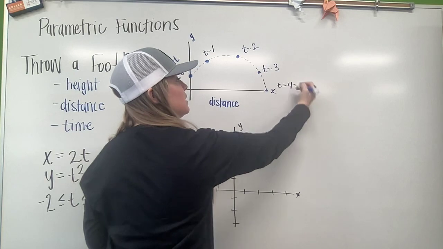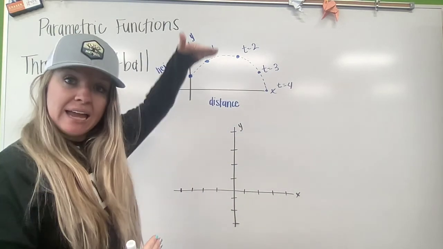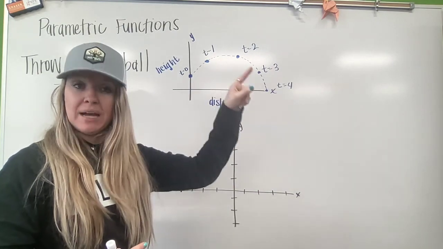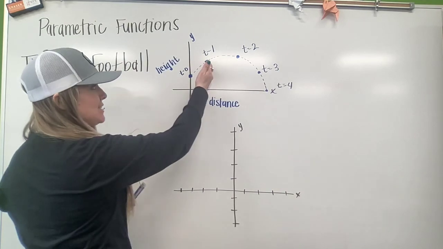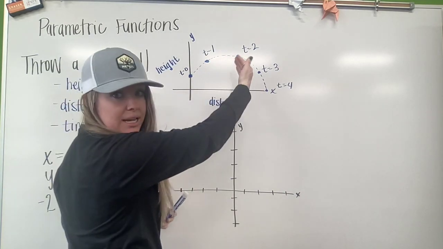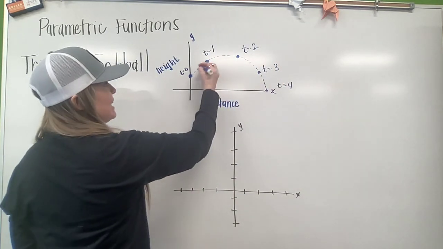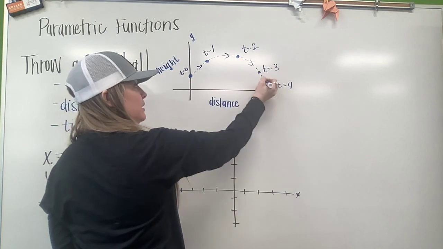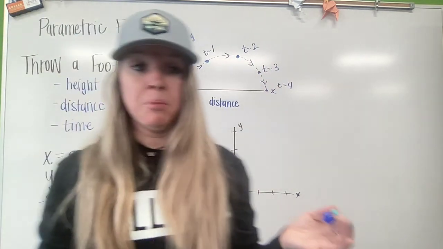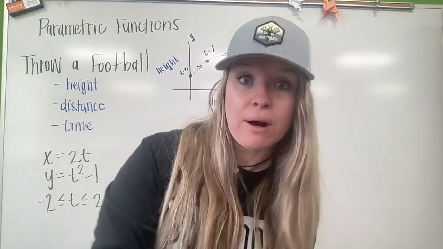As time changes, the height changes and the distance changes, but it's all with respect to time. After 1 second, the height has gone up and the distance has changed. At 2 seconds, the height has changed, so has the distance. That's creating this graph and the path of the football. Plain and simple. So we have two variables that are dependent upon our parameter.